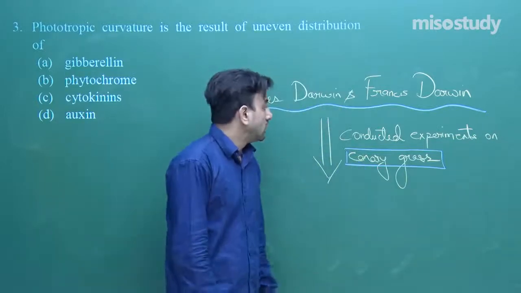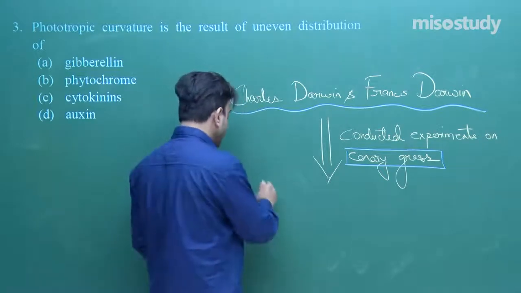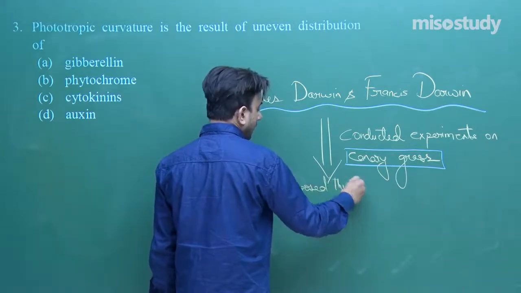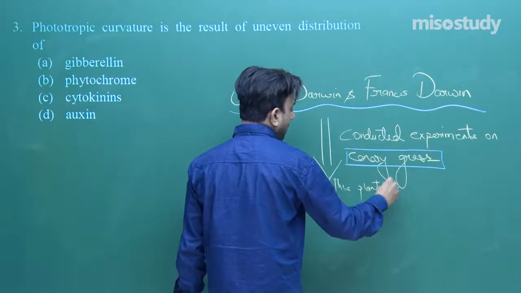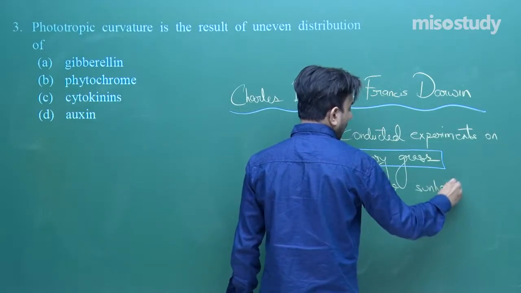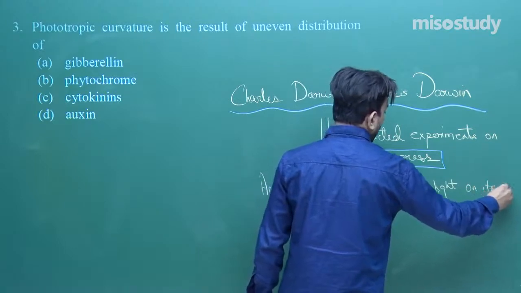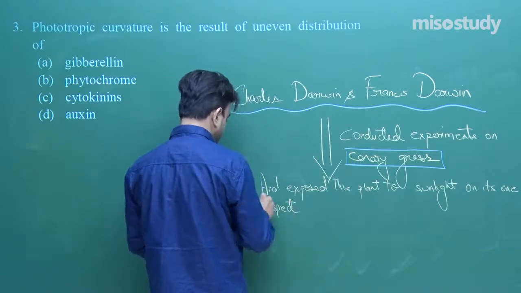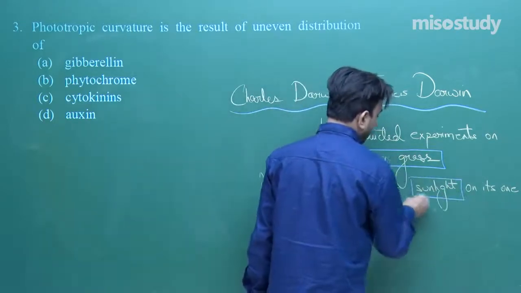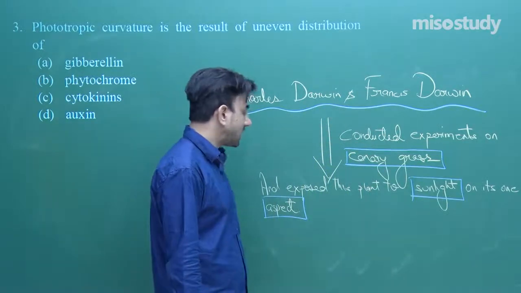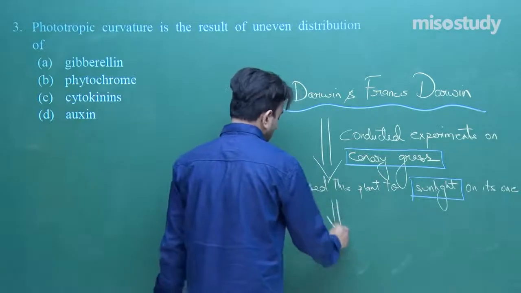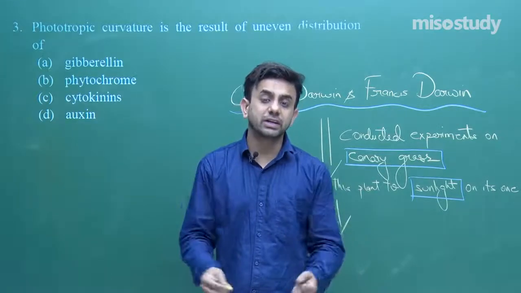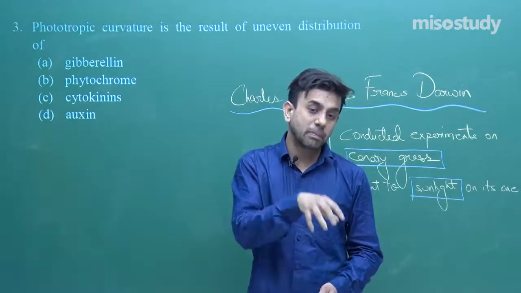So they exposed the plant to sunlight on one aspect, and the plant started moving towards that sunlight, showing the movement of that plant part towards light.